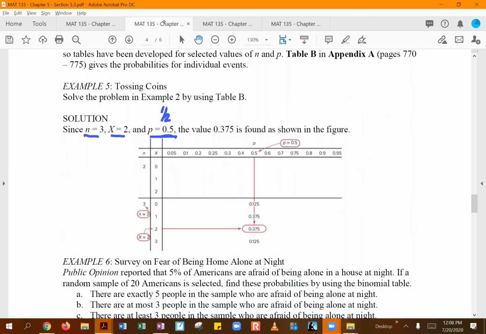You can use 0.5, obviously, as it's part of our probability distribution table. So what you would do is go to the leftmost column, find n equals 3, then find x equals 2 and go out till you hit that probability of 0.5. And again, you will notice it's that same number of 0.375.